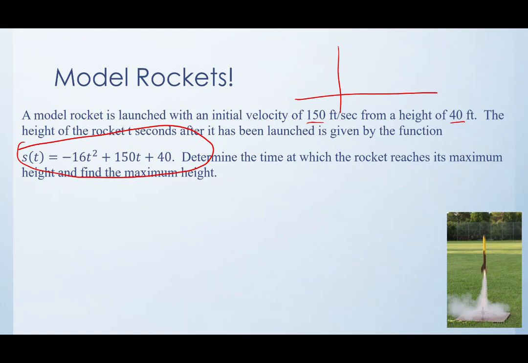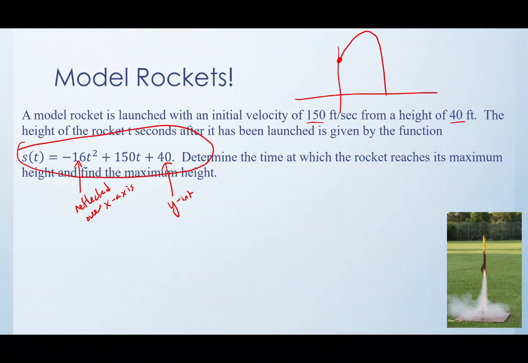We don't have to do that in this class. We are given the equation. So this equation, the -16 tells us it's been reflected over the x-axis, right? We've got a y-intercept of 40. So our rocket's being launched off the top of a building or something, and of course it's going to go up, and then it's going to go down.